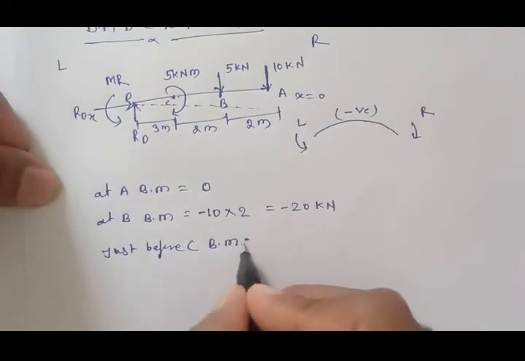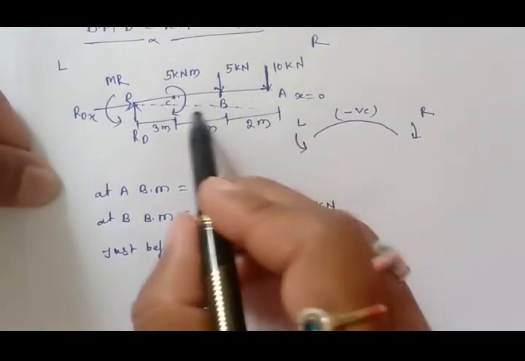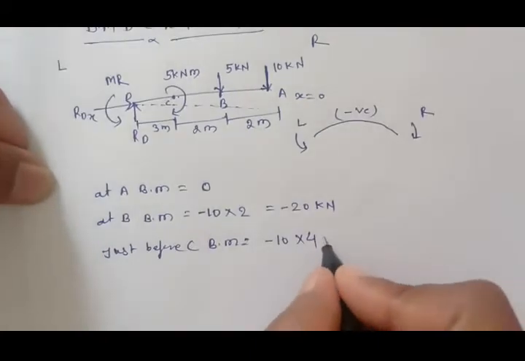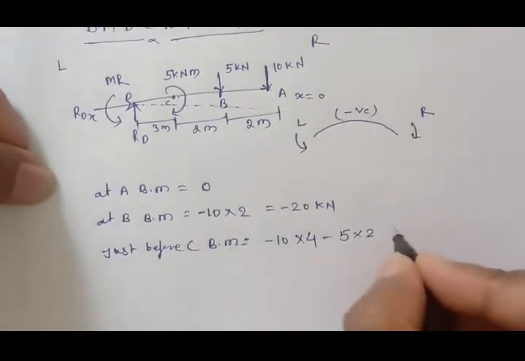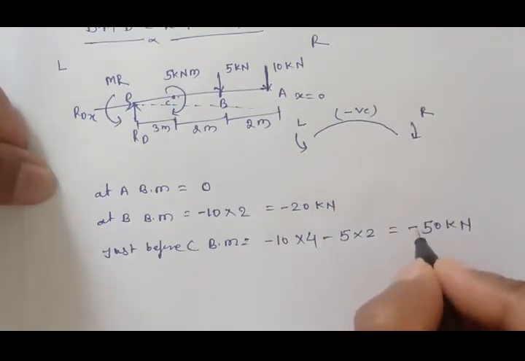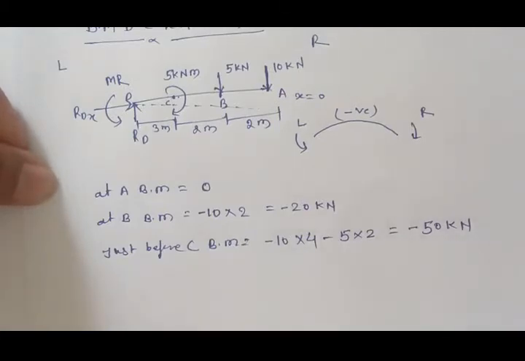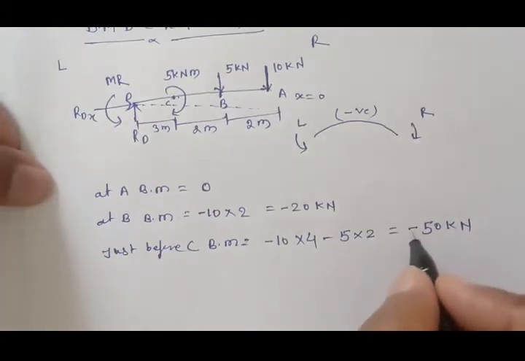So just before C, it is minus 10 into 4, then minus 5 into 2, which is nothing but minus 50 kilonewton meter. This minus sign only shows the direction, that is, an upward or downward side bending moment. The magnitude will remain the same; the negative or positive shows only the sign.